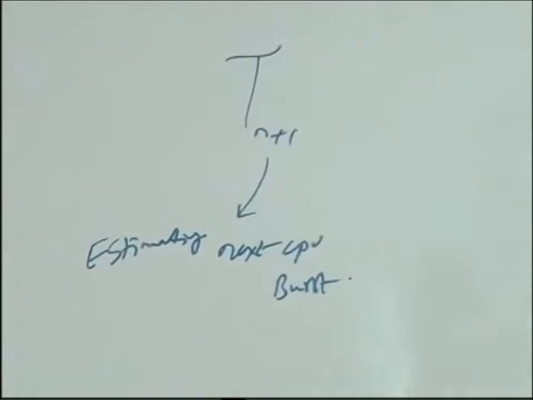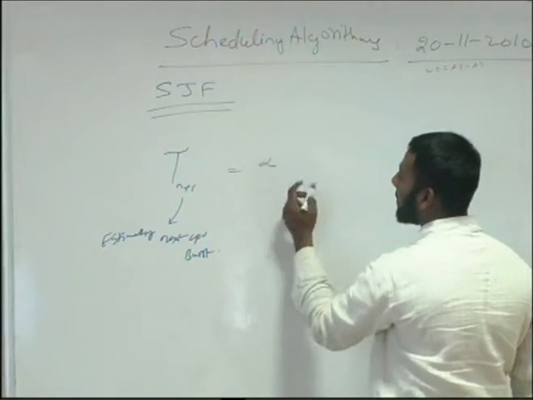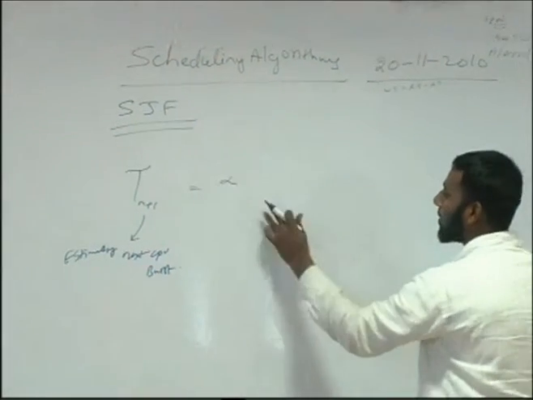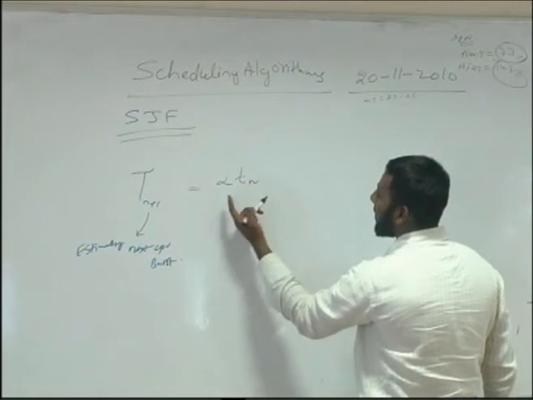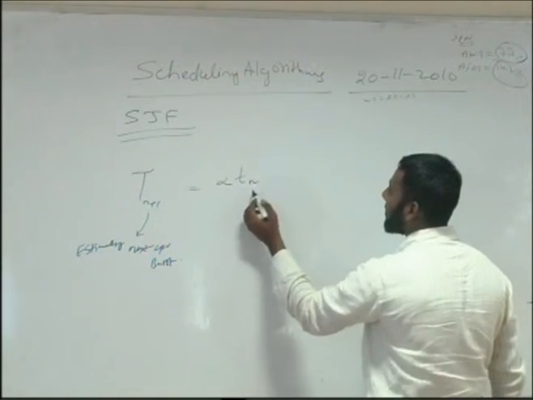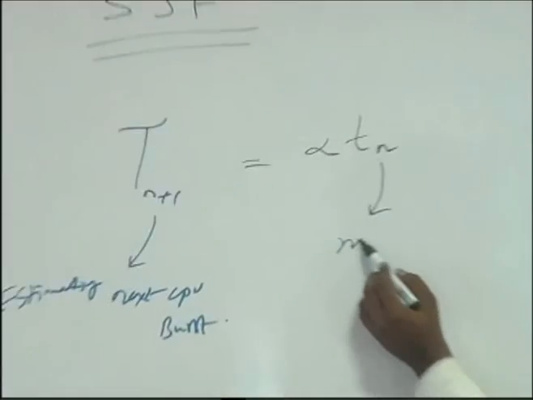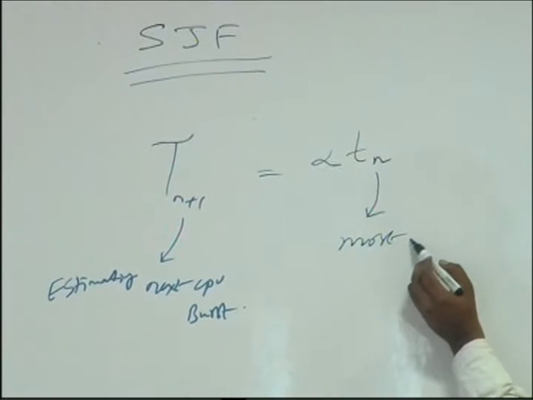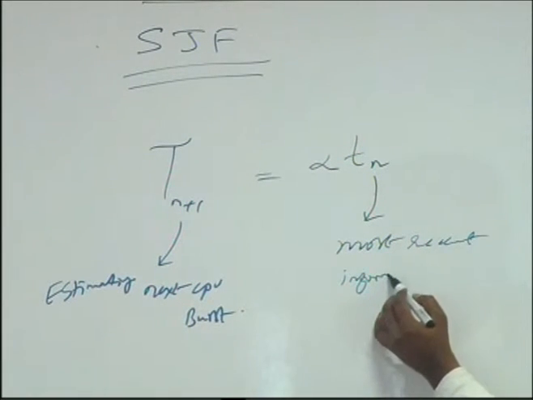It can be estimated with the help of a constant called alpha. This constant value has to be multiplied by T of n. This T of n is nothing but the most recent information available.